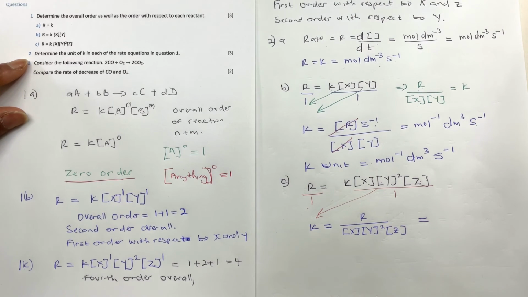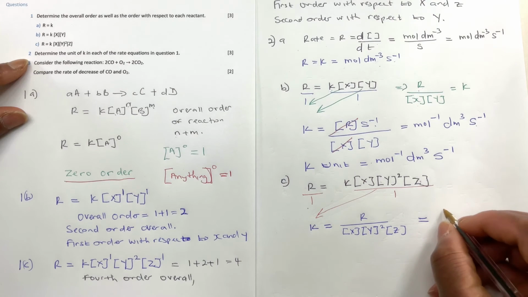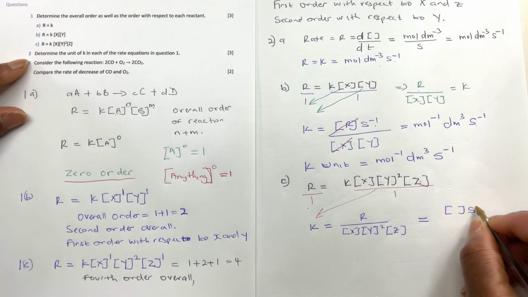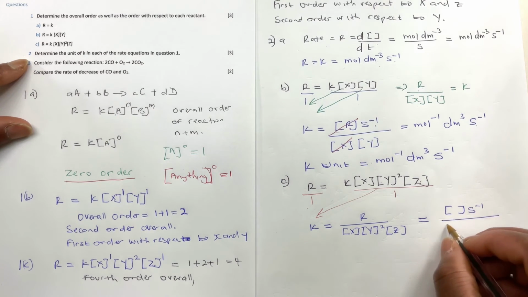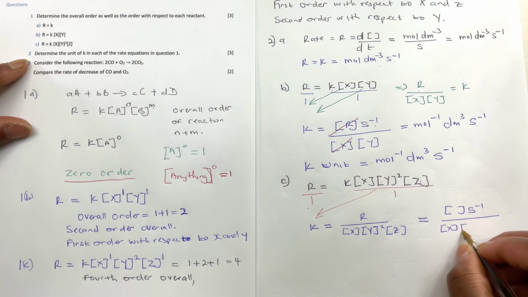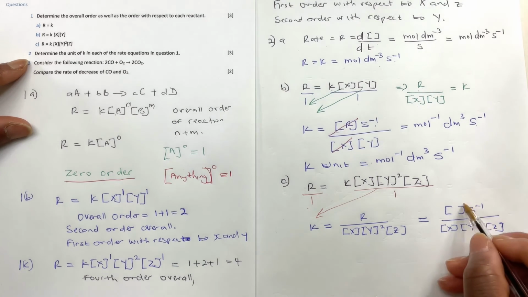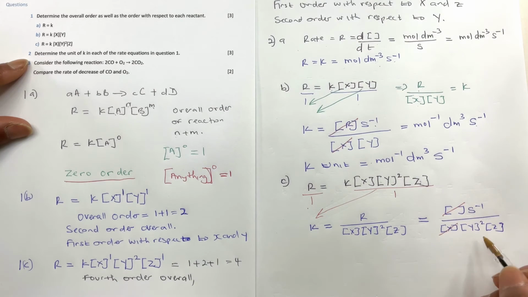And that will be equal to, we know rate has its own concentration, which is per second as well, over the concentration of X, the concentration of Y squared, and the concentration of Z. Well, that concentration cancels that, and so you've got these.